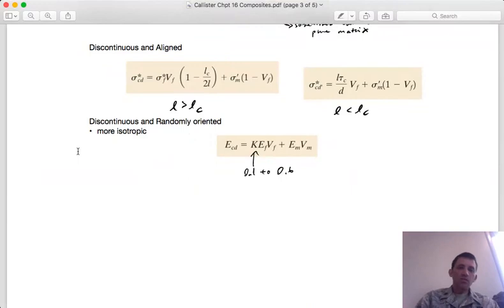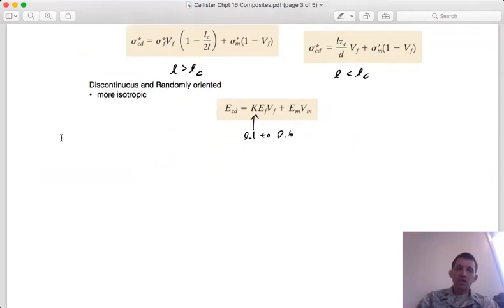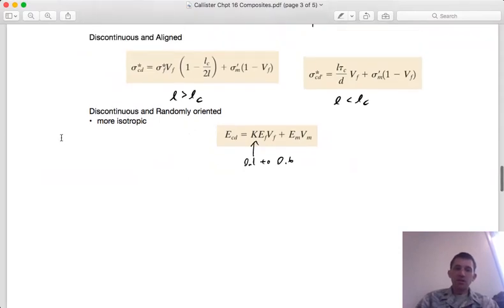And then, of course, if you have discontinuous fibers and they're randomly oriented, the random orientation is going to give you isotropic properties. You only get anisotropic when you have a difference between the different directions. If it's randomly oriented, you're going to have some aligned in one direction, some aligned in another direction, and overall it's going to average out.